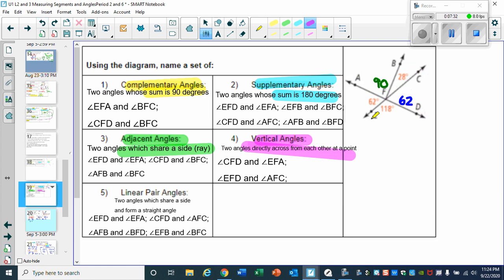Then EFD, and this one be careful, AFC. AFC, that total is 118. And then EFD is also 118. So that's another example of vertical angles.